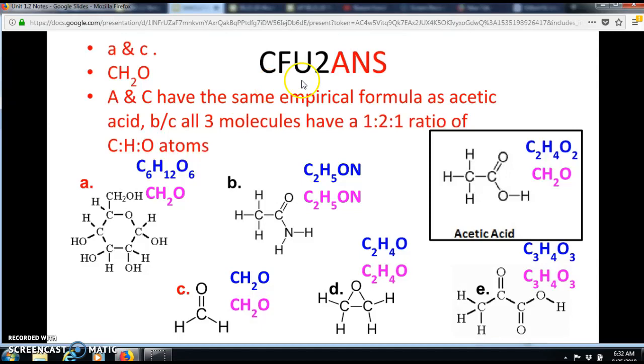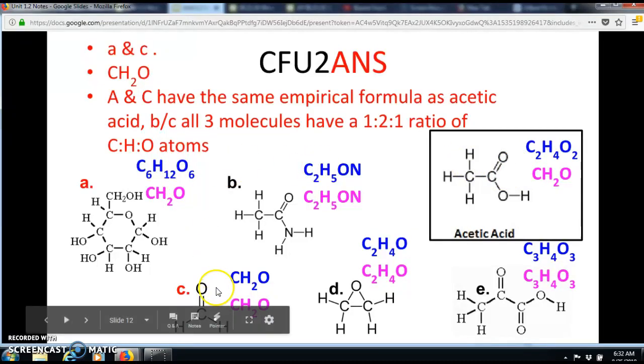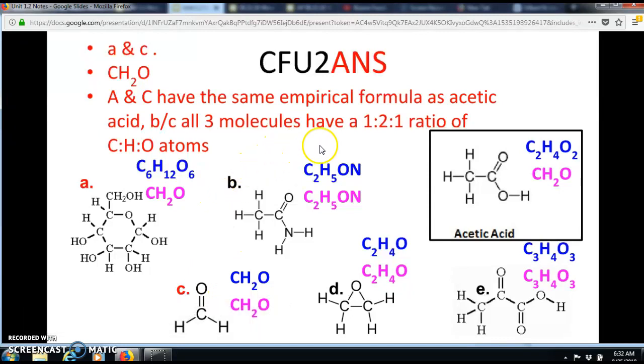Okay, so here are the answers for that. Acetic acid has a molecular formula of C2H4O2. If you divide each of these by 2, it simplifies to CH2O, and that's how we get the empirical formula. And the same thing is true for A and choice C. They all have the same empirical formula as acetic acid.